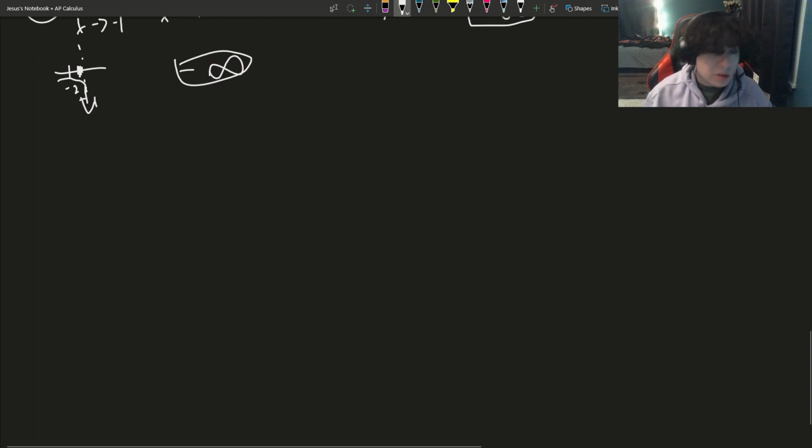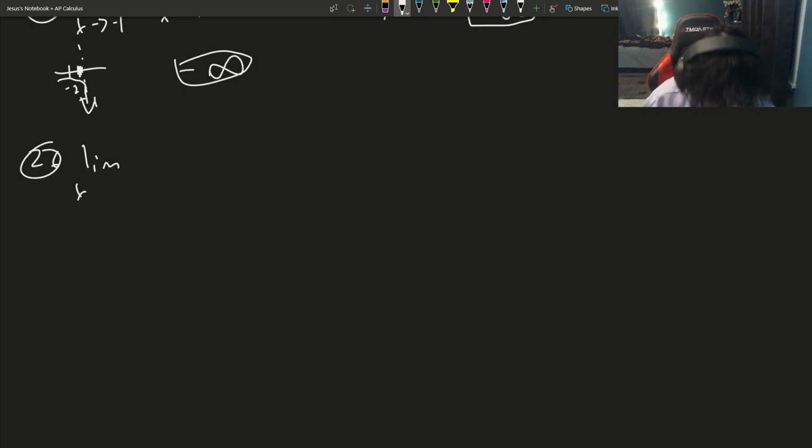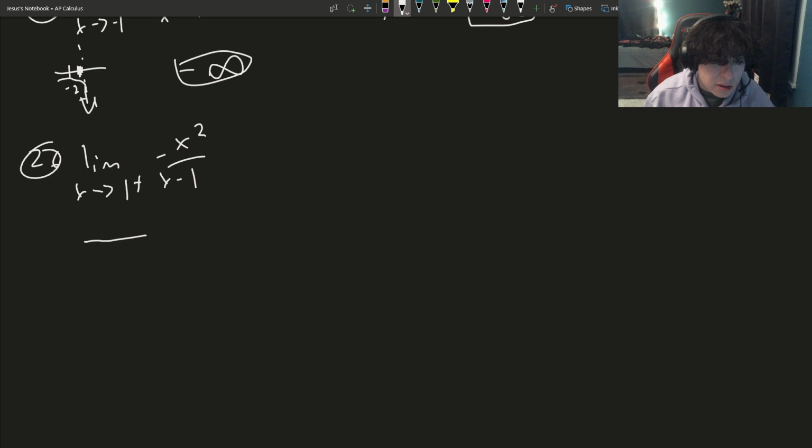So number 26, the limit as x approaches 1 from the right of this over x minus 1. You can't plug in 1, so you just do a sign analysis test. Once you practice these enough, you can get pretty good at it, just in your head.